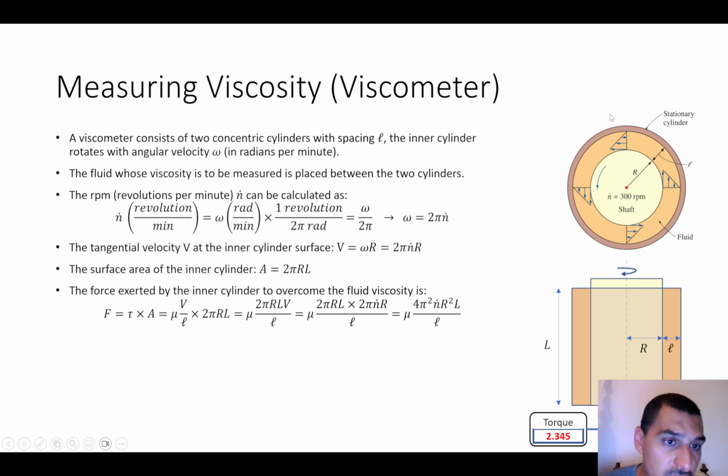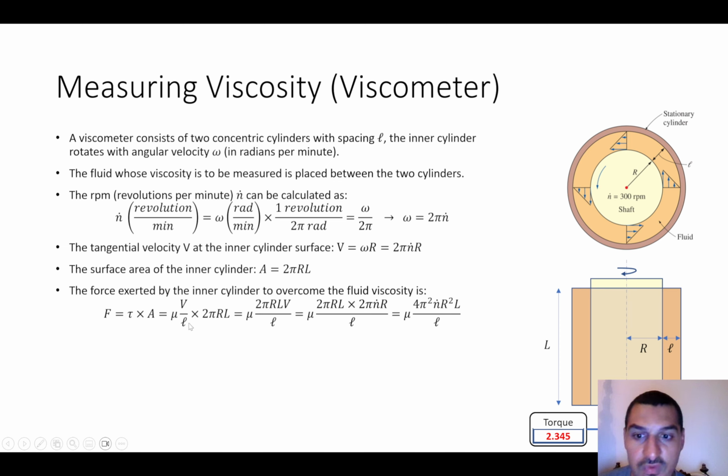Tau, as I told you, can be considered as two parallel surfaces. If we have a Newtonian fluid, we can apply Newton's law, which is mu times V over L. V is delta V, which is V minus 0, where the velocity here is V, which we calculated, and the velocity here is 0.